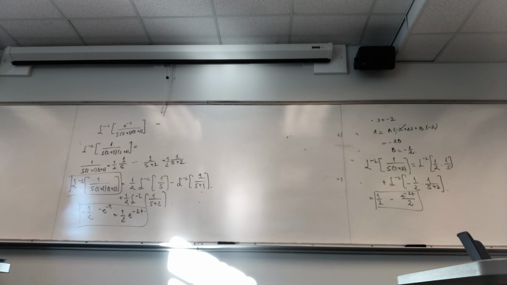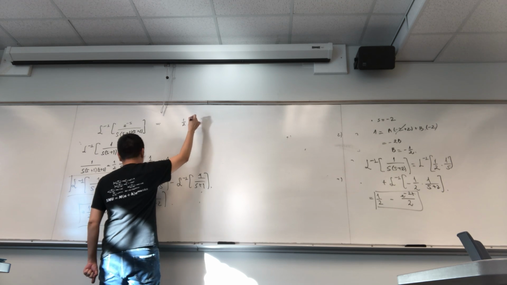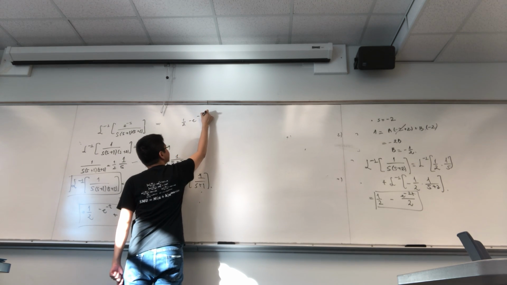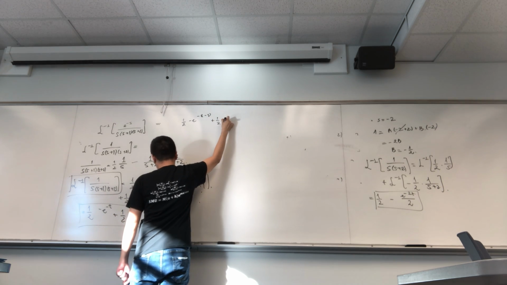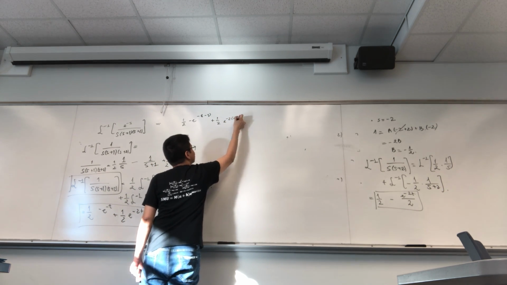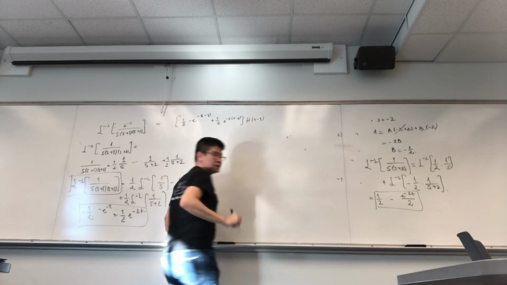It will be that function that we found, except instead of t the variable will be t minus 1, multiplied by the Heaviside function at t minus 1. So this will be 1/2 minus e to the power minus (t minus 1) plus 1/2 e to the power minus 2(t minus 1), times the Heaviside function at t minus 1, right?